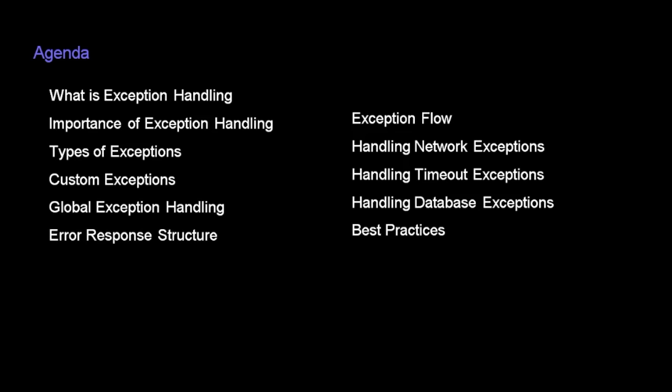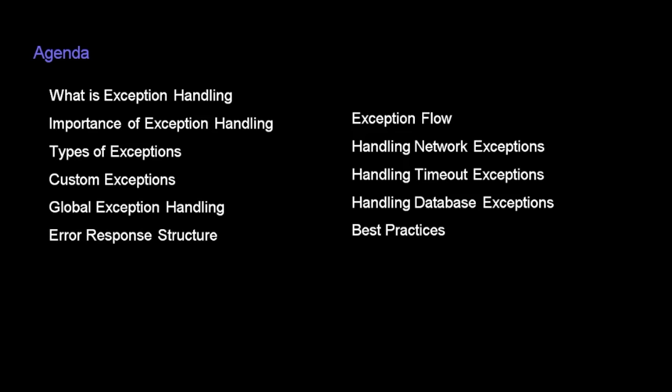Suppose a general exception or runtime exception occurs: you are handling the custom exceptions, but if any other exception comes, how do you handle it? All these things you manage in one place, custom exceptions and the rest, so that when any issue comes, it is easy to identify and debug. Then error response: the error response should be in a JSON format.